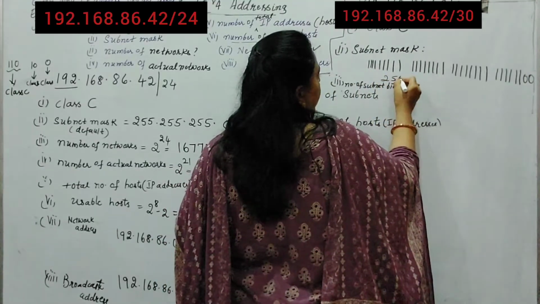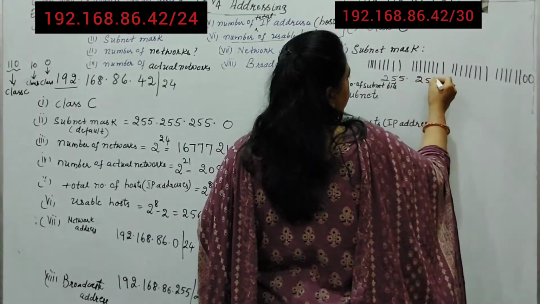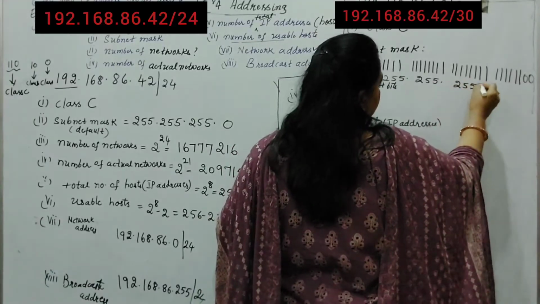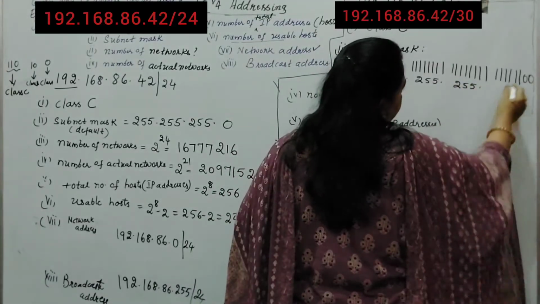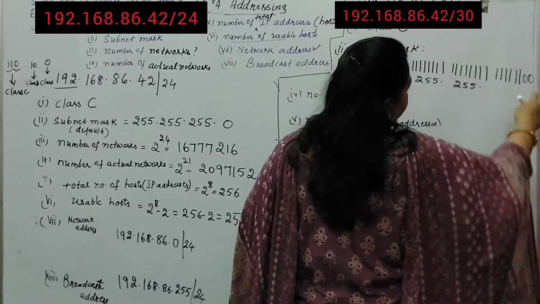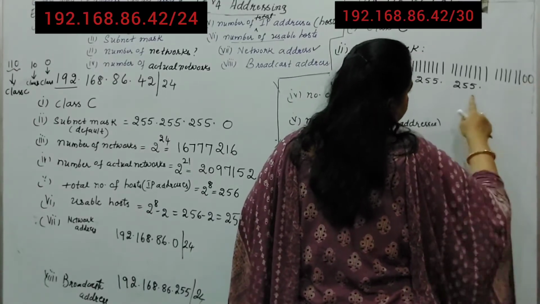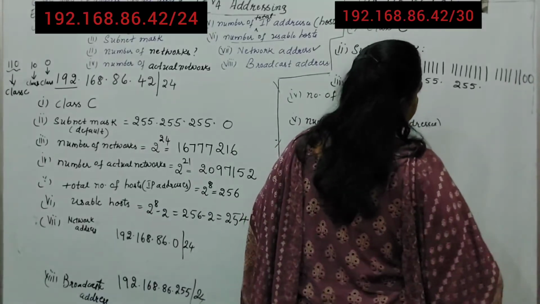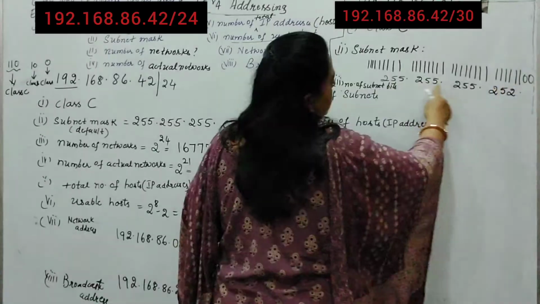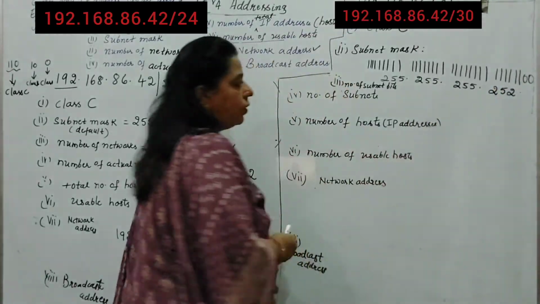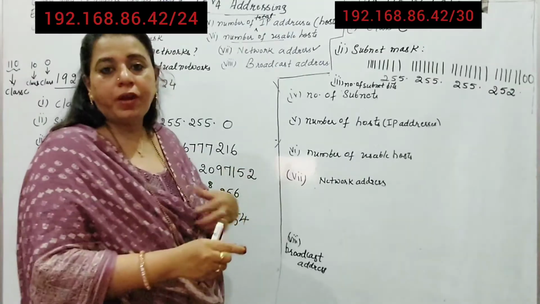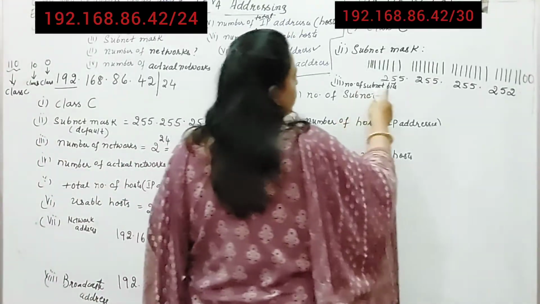So the equivalent decimal value will be 255.255.255, and what will be this value? 255 minus 3, 252 you will get, no? This is the subnet mask value, 255.255.255.252.